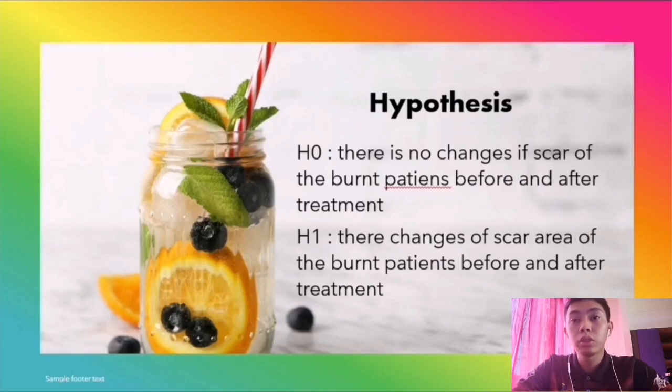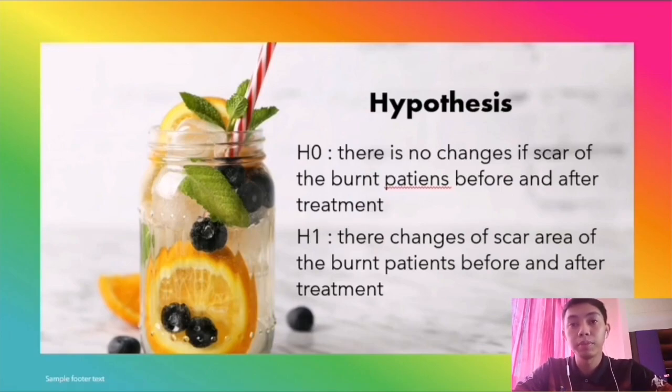There are two possible hypotheses. One is there is no change in scar area of burn patients before and after treatment. The second is there is a change of scar area of burn patients before and after treatment.